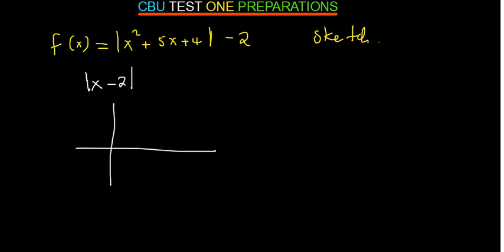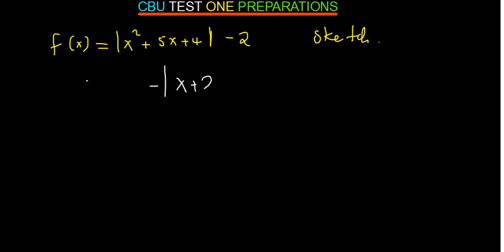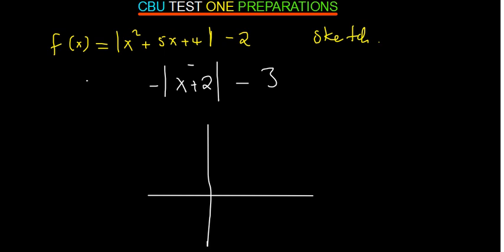Now let's say we have the absolute value, and then let me put a negative here, x plus 2, and then you have a minus 3. How do you sketch this? Just equate what is inside here to 0. We're going to find x being negative 2, meaning that the function is going to start at negative 2. This constant you add here shifts the graph.